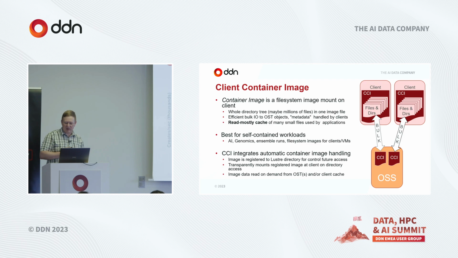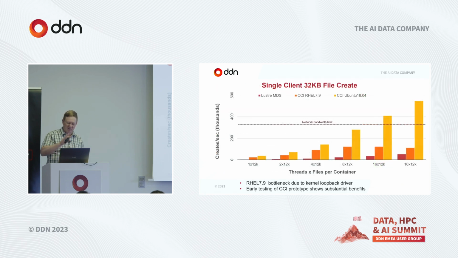And so we can again see, in some benchmarking that we've done, and this is a little bit farther out into the future, but in our testing locally, we're creating a number of threads running on a single client, each one creating 12,000 files. You can see the dark red bars are Lustre individually, and then we did run the container images where each client thread, this is a single client, but 1 through 16 threads, is writing into its own container.